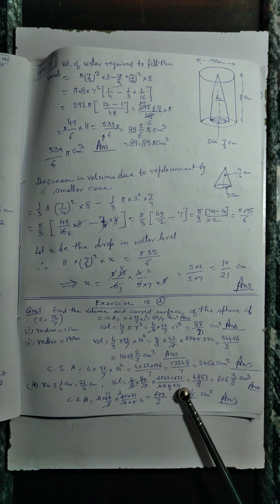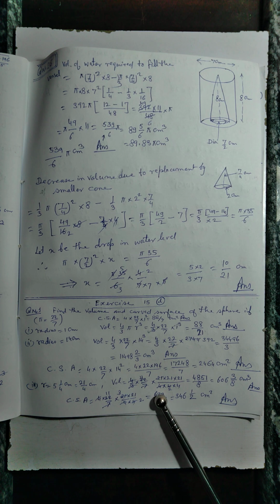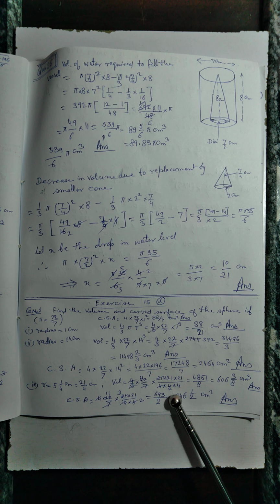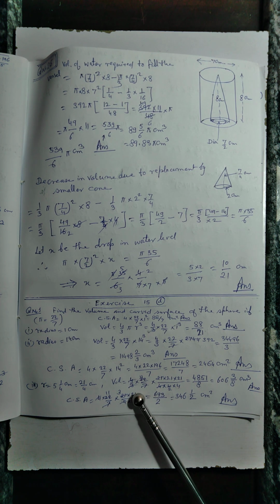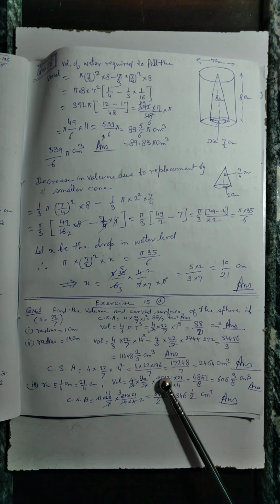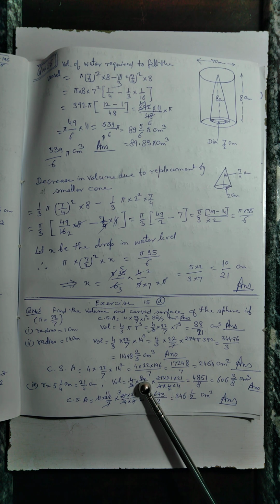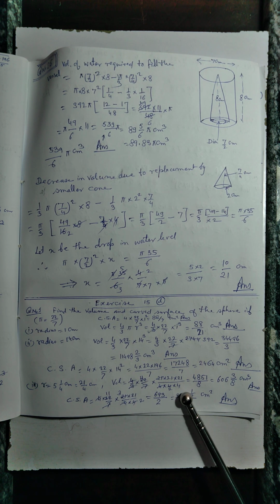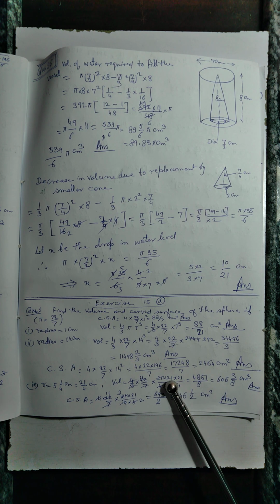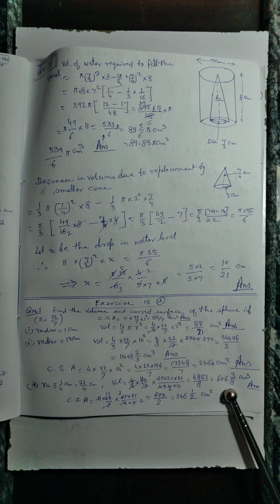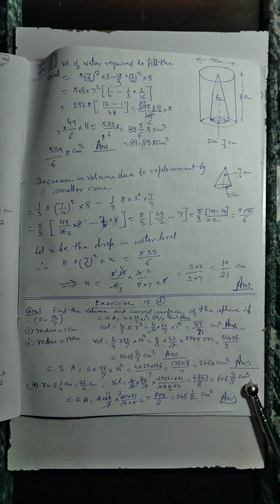To cube it, I multiplied 3 times. See how it cancels, this cancels with 4. And 3 into 21, 3 7s are 21, I cancelled this 21. Cancelling 22 with 4, we get 2, here 11 comes, and here 4. So multiplying 21 into 11, we got 4,851 divided by 8. It will be equal to 606 and 3/8 centimeter cube.